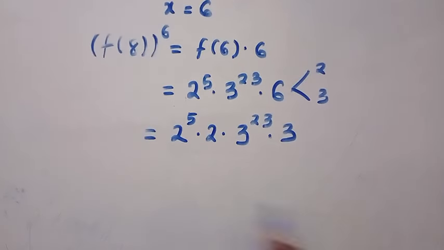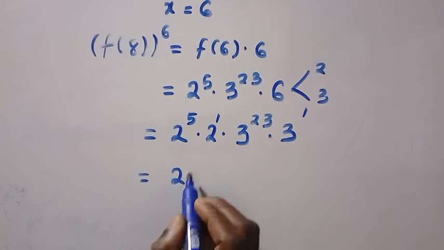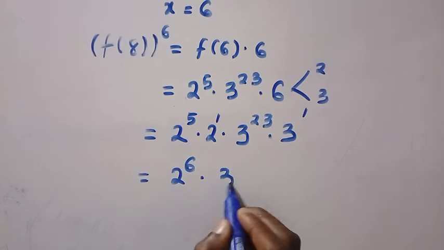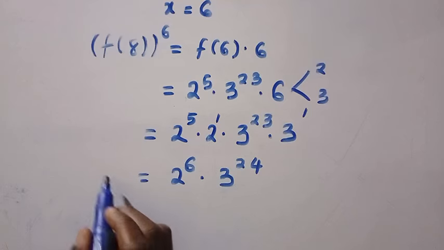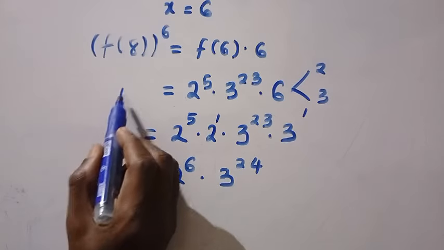So by adding this together using the rule of exponent, this is 2 power of 6 multiplied by 3 power of 24, and all this equals f(8) all raised to power of 6.